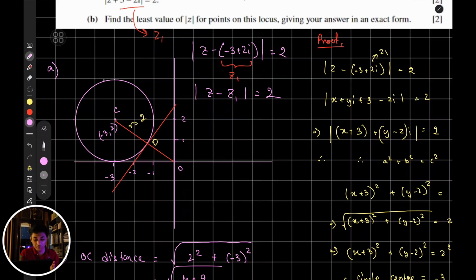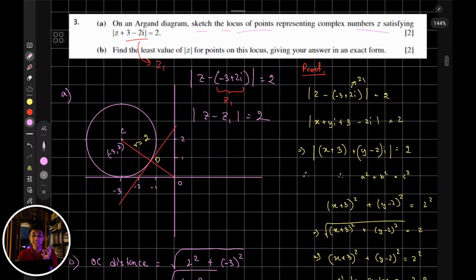So z can be over here, over here, over here, anywhere on this circle. So when you plot those points of z where z could be, then you get a circle.